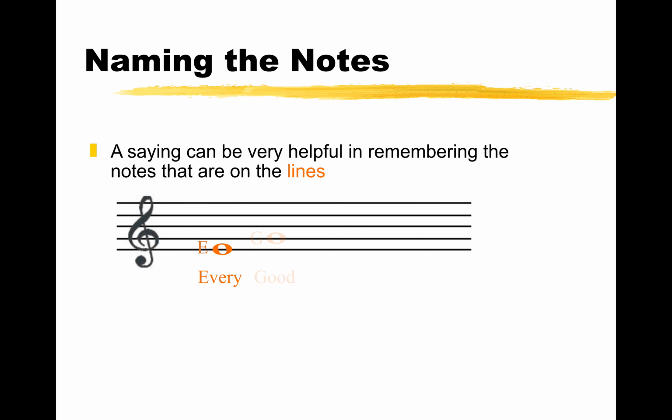We also have a saying to help remember the notes that are on the lines. There's lots of sayings for this. You may already know one. The one we'll talk about here is every good boy does fine. Starting from the bottom, this is a way of remembering that the bottom note is E, G, B, D, F. The first letter of each word tells us what the name of the note is on that line.